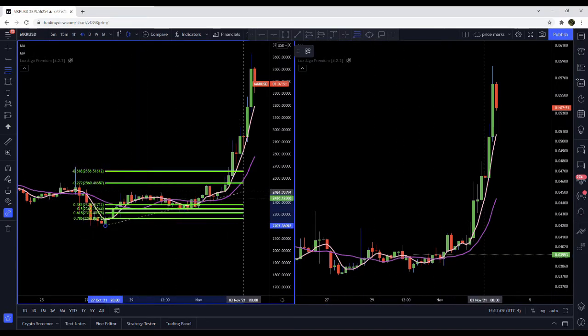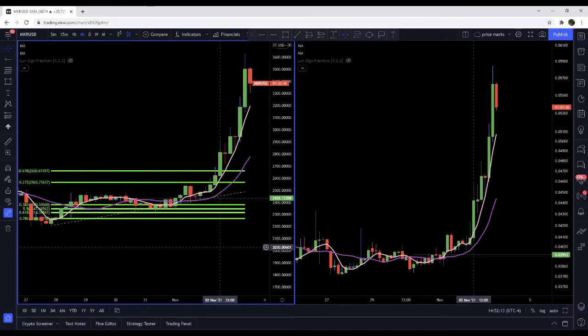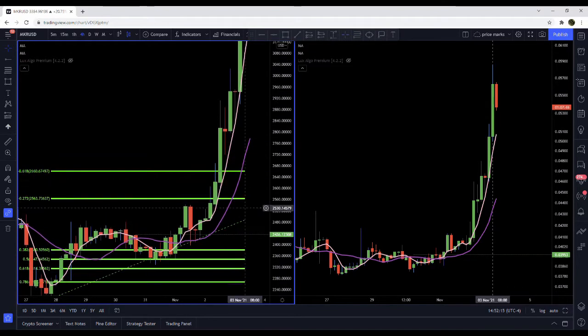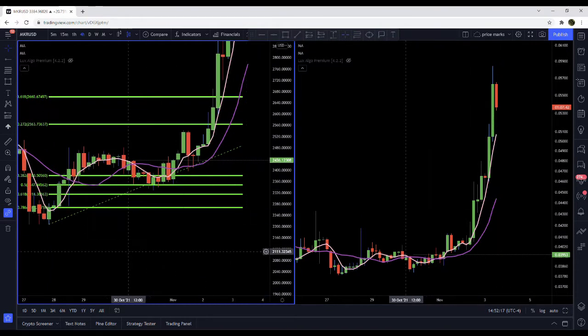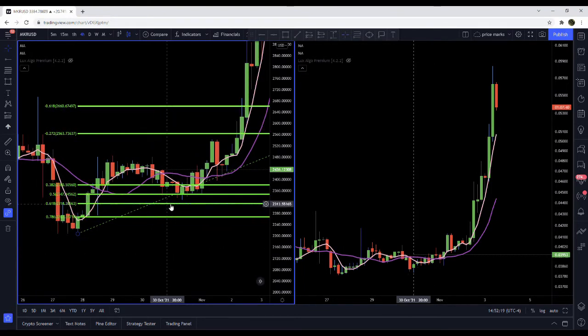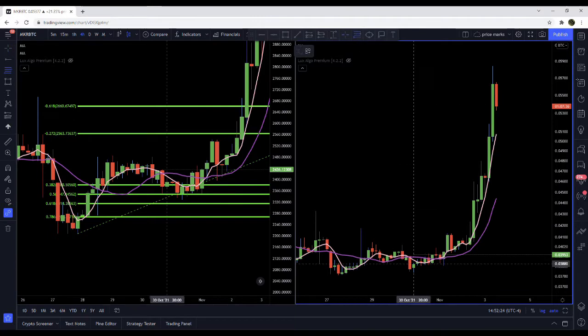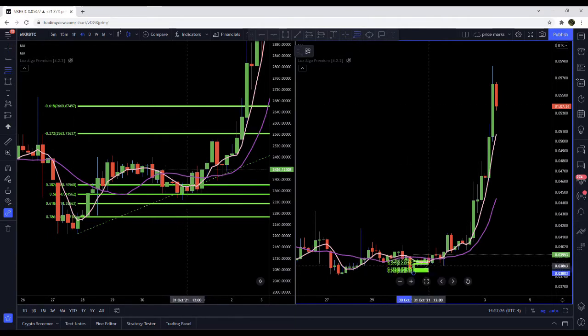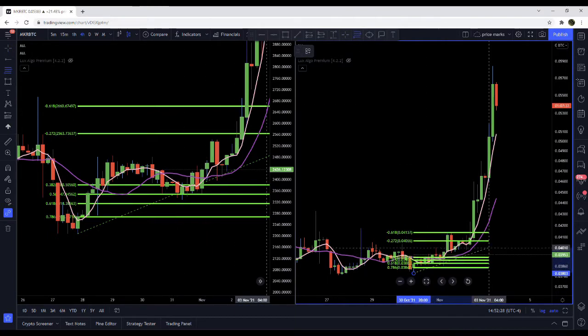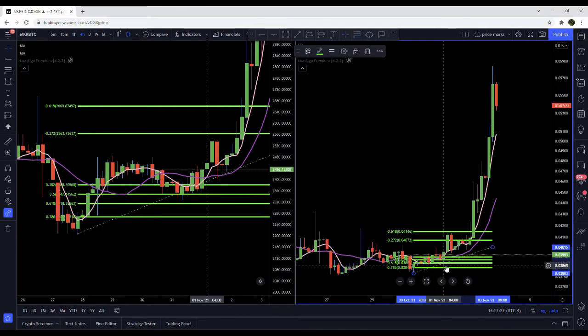Take our Fibonacci from our swing low to our swing high. You see we came right down into the zone. We'll do the same thing here. You see we came right back down into our zone.